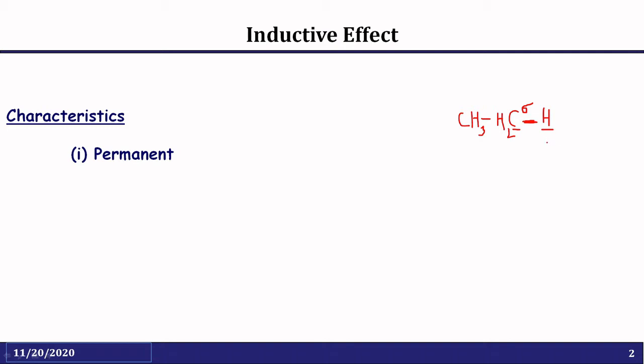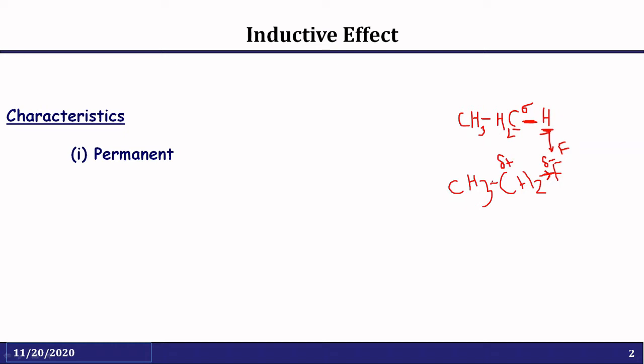If you replace one of the hydrogen atoms by some other atom, say for example a fluorine atom, which is more electronegative compared to carbon, then due to its higher electronegativity it pulls the electron towards itself. Hence it becomes negatively charged, whereas the carbon atom becomes positively charged.